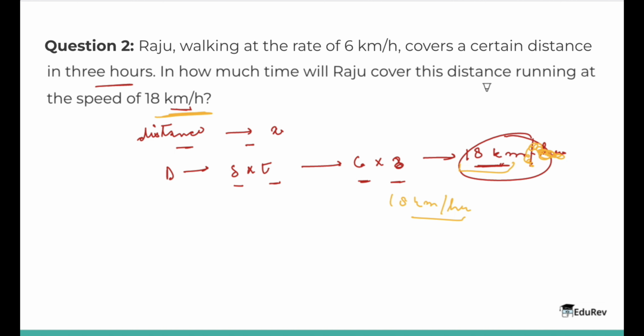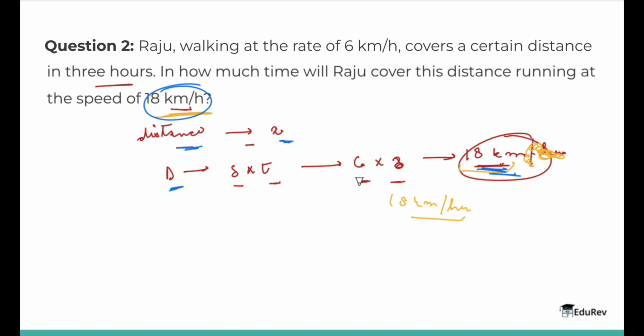Speed was 6 and time was 3, so the distance which we just found out is 18 kilometers.